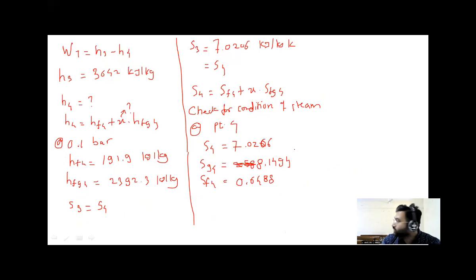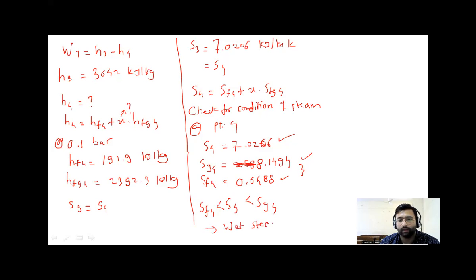Now check whether the given value is greater than SG or less than SF4, or is it in between SF4 and SG4. So here we can say that S4 value is definitely greater than SF4, but it is less than SG4. That means it is a wet steam.